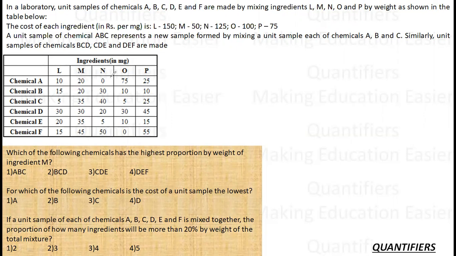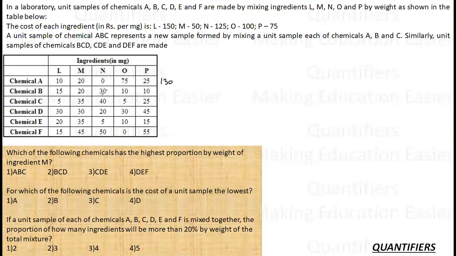Now let's see what is the total here. Our first question is, which of the following chemicals has the highest proportion by weight of... Let's just calculate the totals. 10 and 20, 30 and 100, 130.